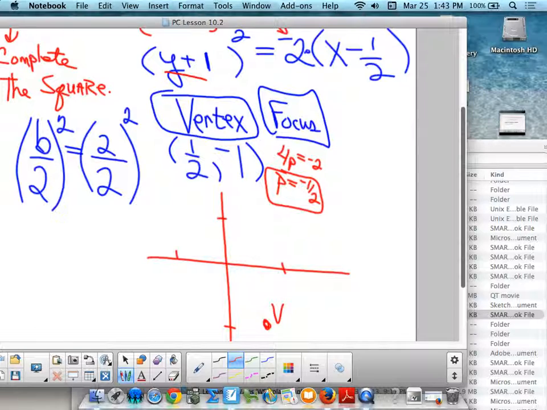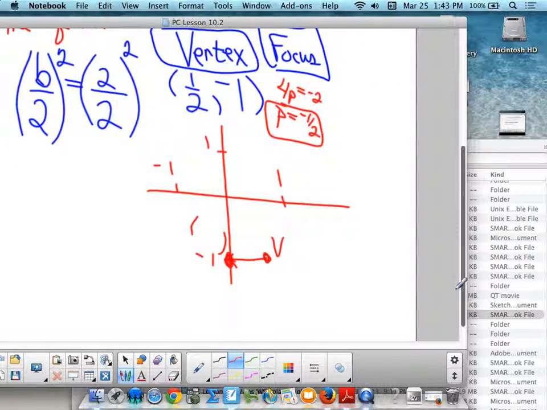This is right or left, but your p-value is negative, so you should know, go which way? Left. Where am I at? Where's my focus? See, this is hard because I don't have graph paper, but this is over a half, down 1. You're going backwards a half. You're where? 0, negative 1, yeah. Your focus is 0, negative 1. There it is.